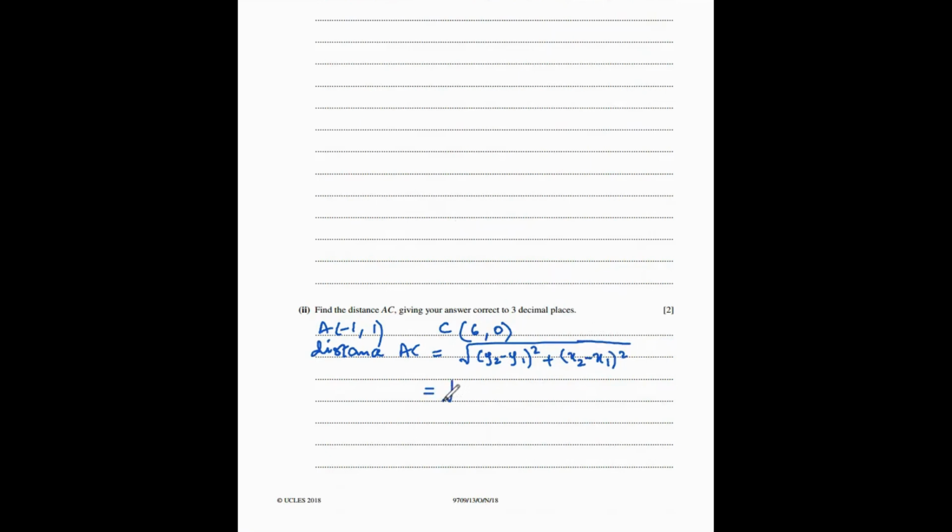So that's going to be 0 minus 1 whole square plus 6 plus 1 whole square. That's going to be 1 plus 49, which is root of 50. That is your distance. Now we convert this into decimals. So root of 50 is going to be 7.071. That is your distance of AC, correct to 3 decimal places.